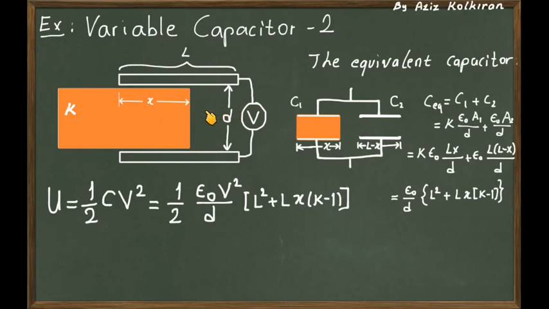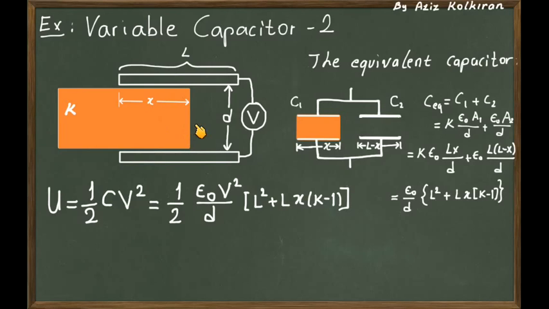So the next question is, when we change this x, we now know how the energy stored in the capacitor changes, right? We have a potential energy expression, and it is a function of position. We know that all the forces related to the system of capacitor are electrostatic in nature, and electrostatic forces are conservative forces.